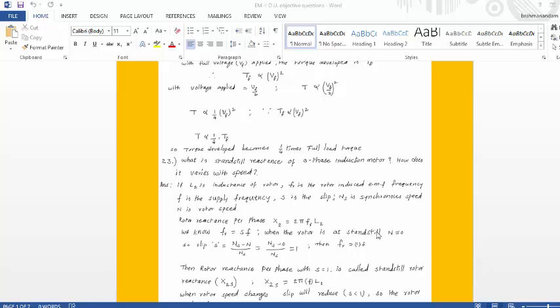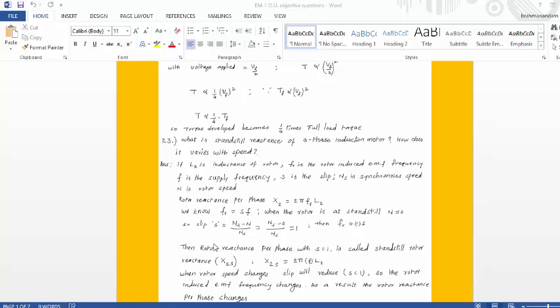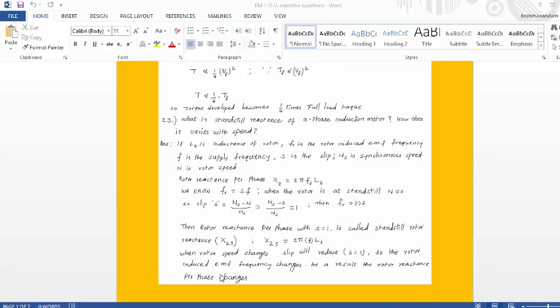So the rotor induced EMF frequency will become Fr is equal to F. Now the rotor reactance per phase with S is equal to 1 is called the standstill rotor reactance. We represent this as X2S, and we can write 2 pi F into L2. Here we have replaced Fr with F because S is equal to 1.